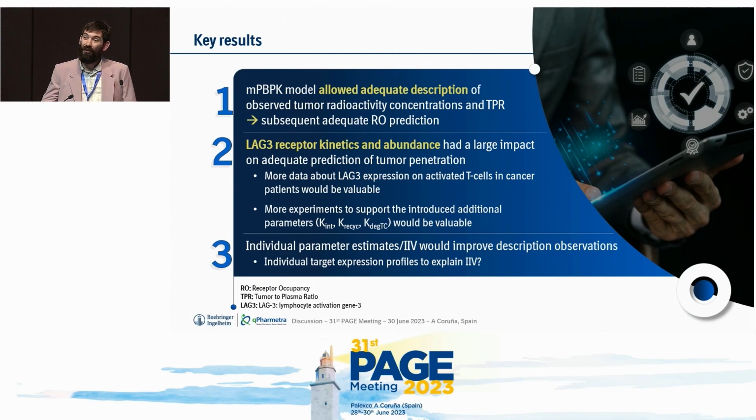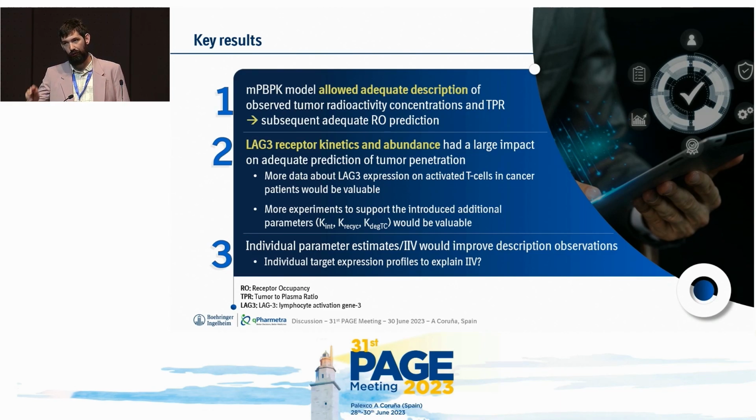In this project, we saw that not so much the characteristics of the compound, but more so of the target have a big impact on how the model is behaving and how tumor penetration is occurring, and also in other projects with other compounds, we saw similar things. So it's maybe a good message for drug developers out there to not only focus on optimizing KD and FcRn binding, but think also about the target you have and what you expect of target abundancy, local target expression, and target turnover.